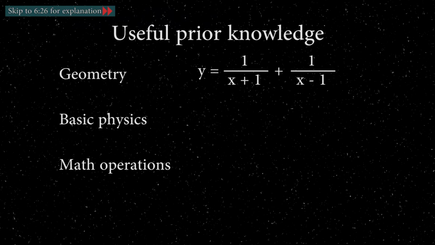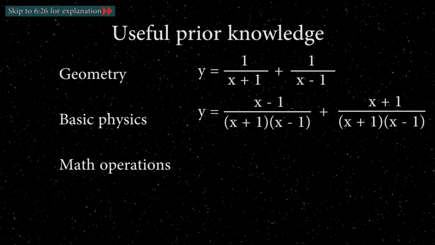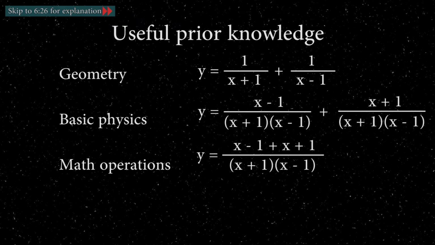The right fraction needs to be multiplied by the left fraction's denominator over the left fraction's denominator. So the left fraction is multiplied by x minus 1 over x minus 1, the right fraction by x plus 1 over x plus 1. And then the denominators are equal, so you can add up the numerators like so, and then simplify to get y equals 2x over x squared minus 1.